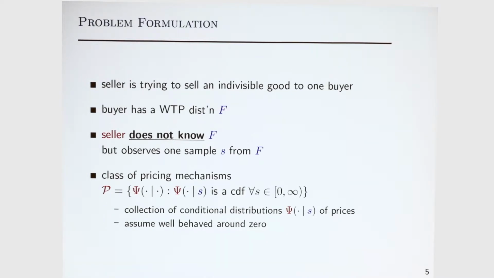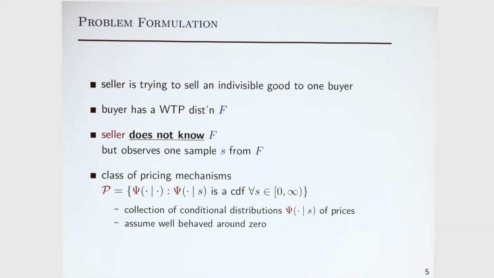We'll make a small assumption that these pricing mechanisms are well behaved around zero. This is more for proof details, but it should not hurt our results. But the main idea here is that conditional on observing a sample S, I will post a price according to some distribution psi. So this is the model.